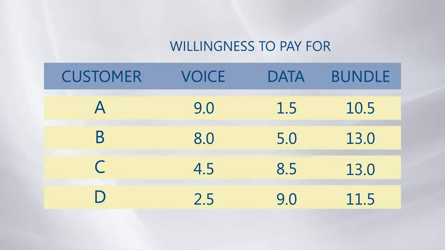We could, however, reduce our price for the bundle to a price of $11.50. Now we would be able to reach a total of 3 customers, and this would result in a total revenue of $34.50. We have already increased our revenue contribution, but let's see what's going to happen if we actually drop our price to the lowest bundle price of $10.50.